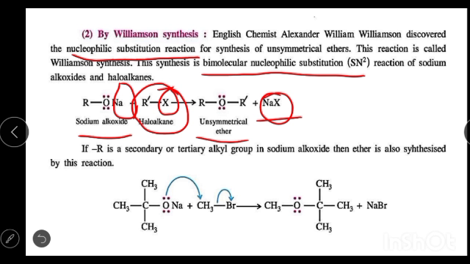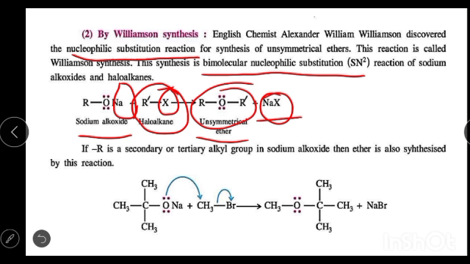Depending on the alkoxide, we'll get different ethers. If it is primary, we'll get chain ethers, and if we take a secondary alkoxide, we'll get a different branched type of ethers, etc. We can synthesize them by this reaction.